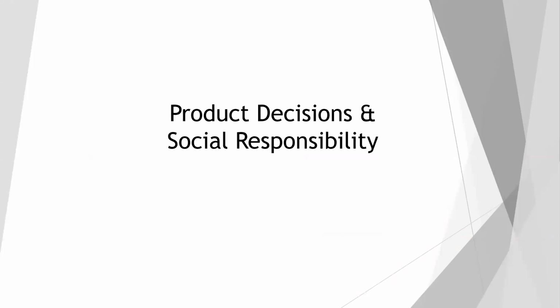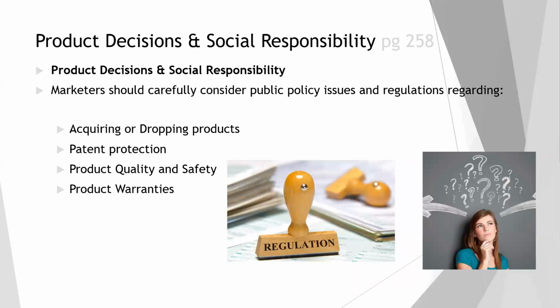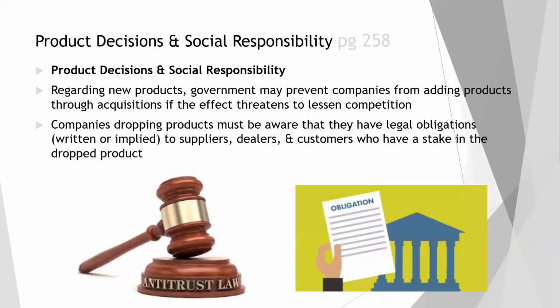Now let's talk about product decisions and social responsibility. So marketers should carefully consider public policy issues and regulations regarding whether they're going to acquire or drop products, patent protection, product quality and safety, and product warranties.